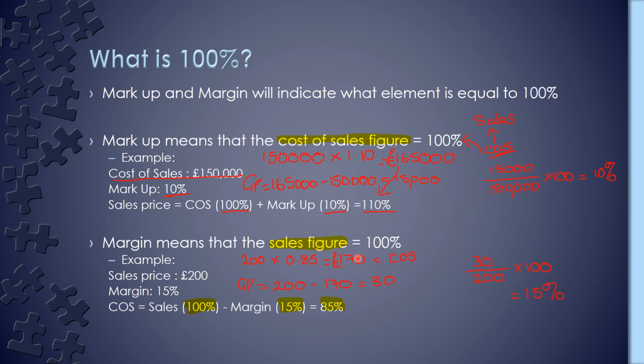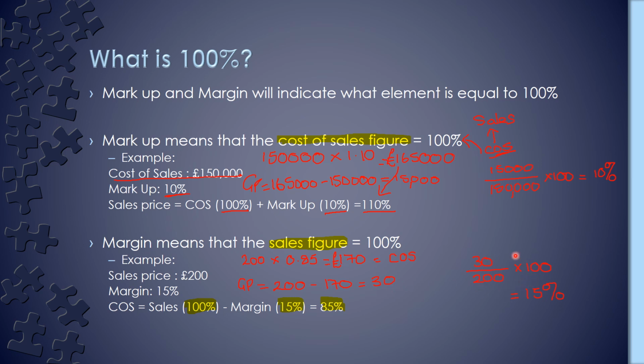Once we've got our cost of sale figure, we can then work backwards and actually prove what we've done. So our gross profit then equals 200 sales minus 170 cost of sales equals 30.